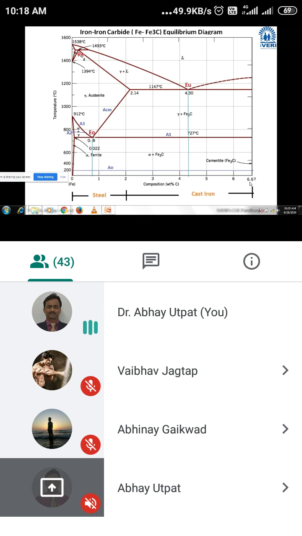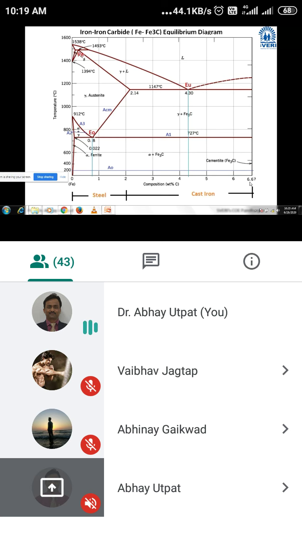See the bottom line, steel, cast iron. I have explained to you the classification of ferrous alloys. So steel is an alloy of iron and carbon. Cast iron is an alloy of iron and carbon.